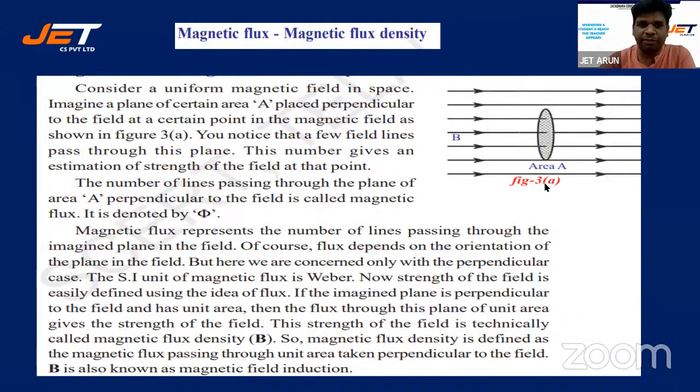Now, let's talk about flux. The number of lines passing through the plane of area A perpendicular to the field is called magnetic flux and is denoted by phi. I've got an area like this. These are the field lines from this point to this point, towards the right.